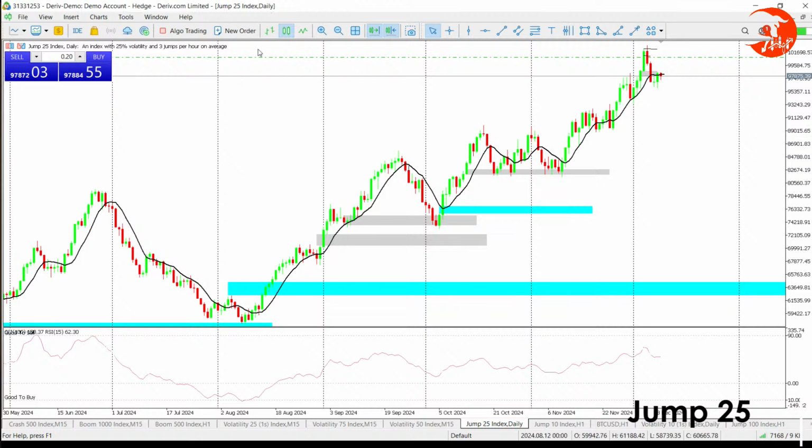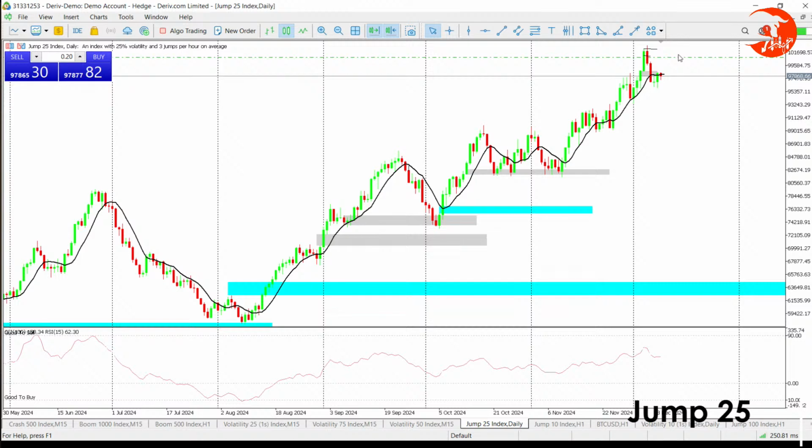So currently on D1, we can see we finished retesting with a breakout structure there. This is a breakout structure here, and it has been retested. The bear breaker block there has been retested. So if we know that, we can now look for buys.